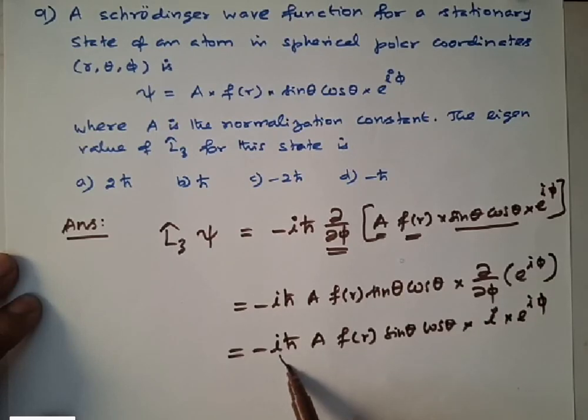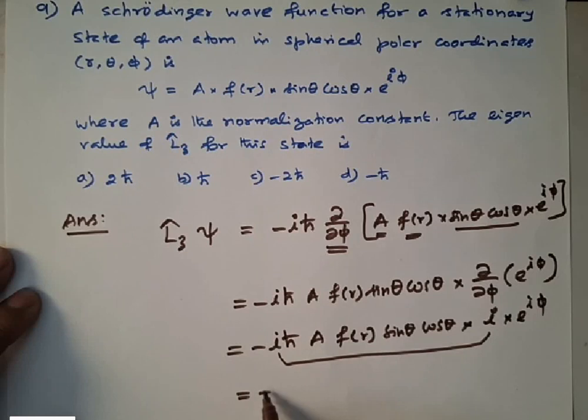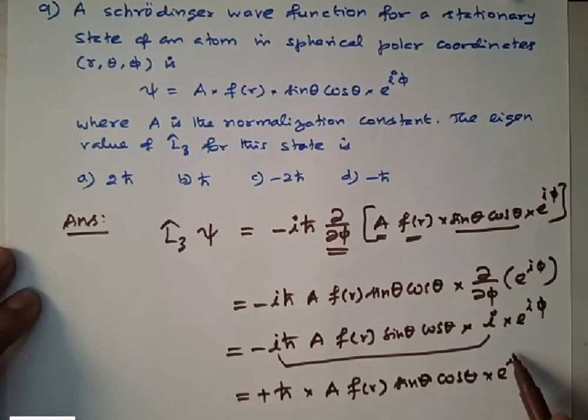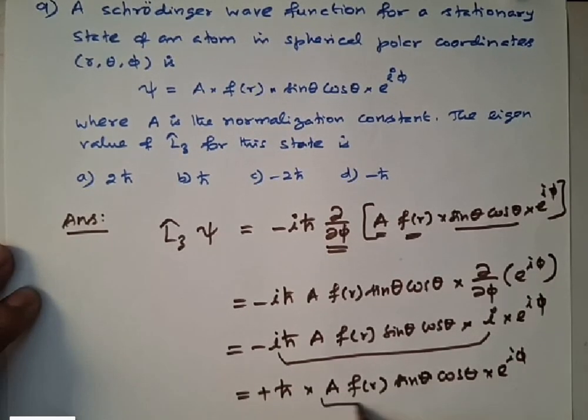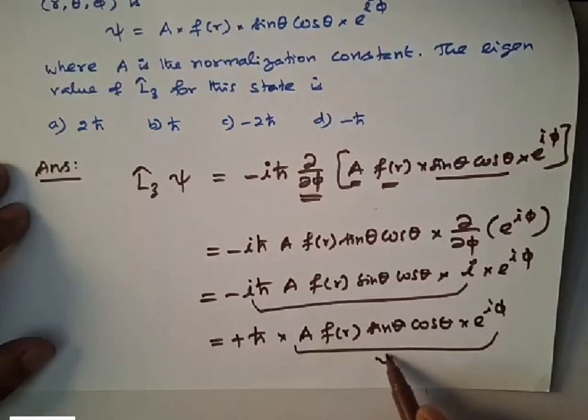Okay, so this i and this i into i is i square. i square is minus 1, minus of minus becomes plus, so we get plus ħ into A into Fr into sine theta cos theta e^(i phi). Yes, this is the given function psi.